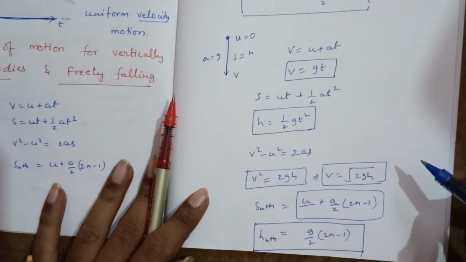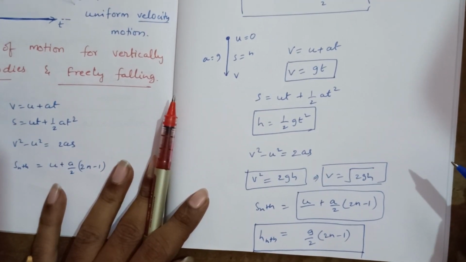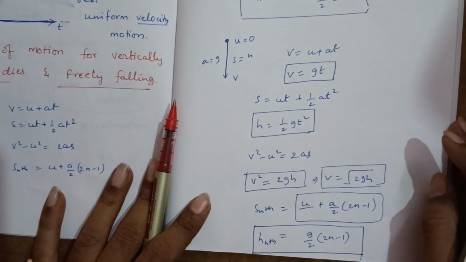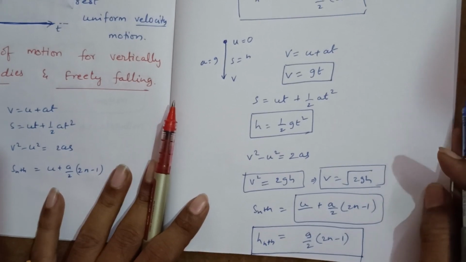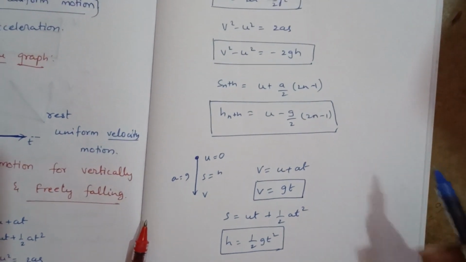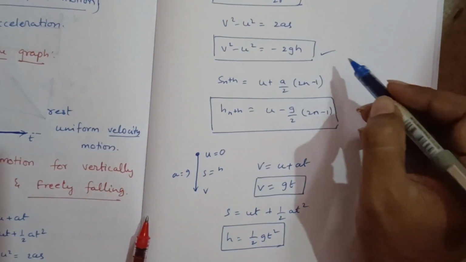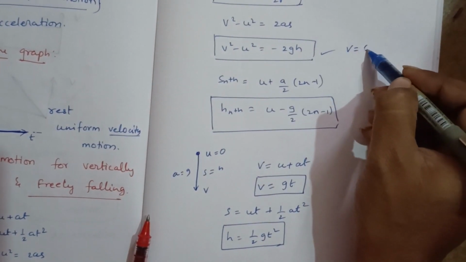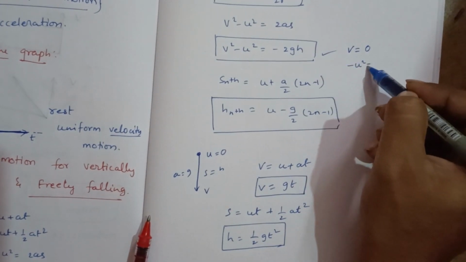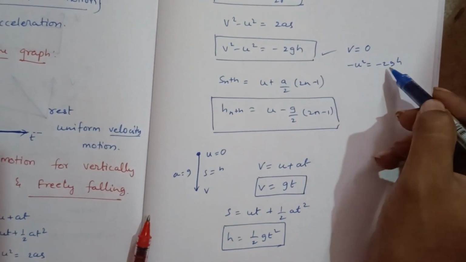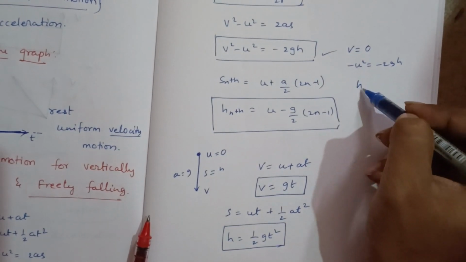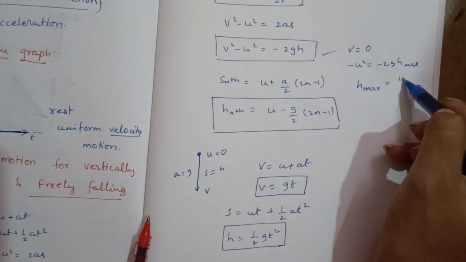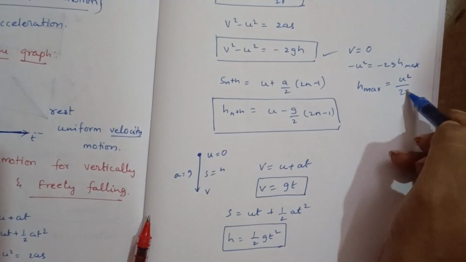If they ask what is the maximum height reached by the body when a body is projected with some initial velocity, we will use this formula. At maximum height v equal to 0, then minus u square equal to minus 2gh, the minus signs cancel, so h maximum equal to u square by 2g.